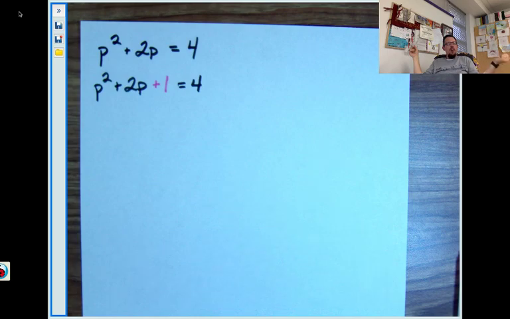How is plus 1 going to do that for me? Is it possible that I could, and I'm just spitballing here, factor the left side? The word you were looking for is factor? Yes, factor is the correct answer. I can factor p squared plus 2p plus 1. What would it look like when I factored it?